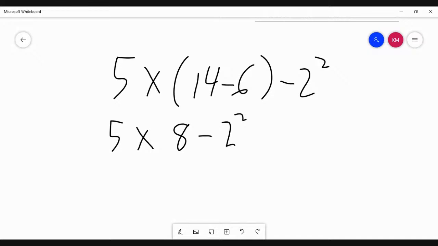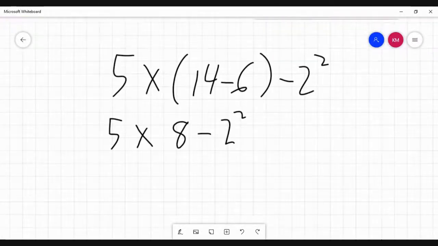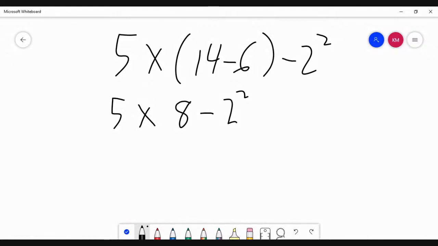Anytime you see a big number with a little number hovering over it, that of course is still an exponent. So now I'm going to bring down my 5 times my 8 and my minus sign, and 2 to the second power is 2 times 2, which is the number 4.